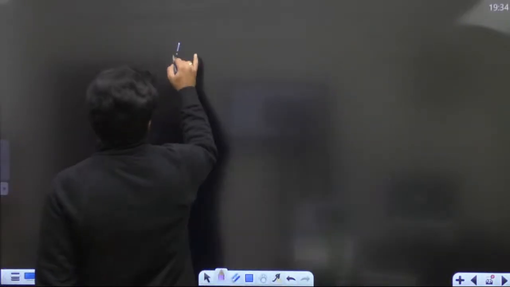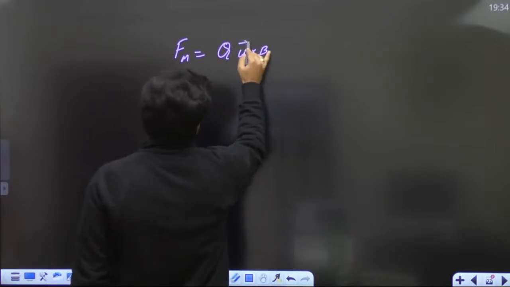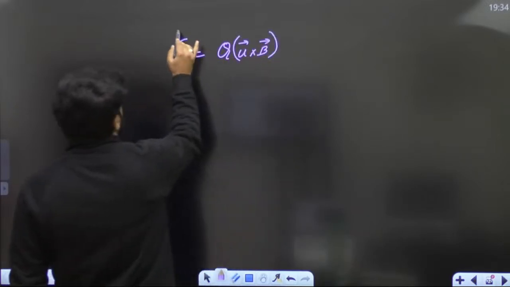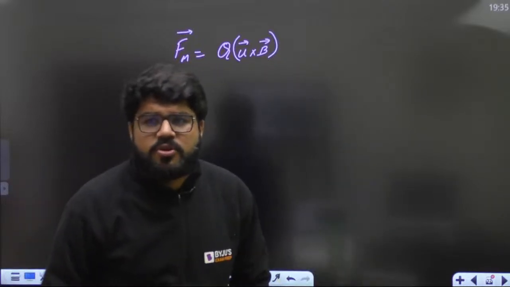One more important thing that we can discuss from here. You should remember these points, some conclusions. The Fm is given by Q into U cross B. Now there are 2 or 3 important cases that you should remember.